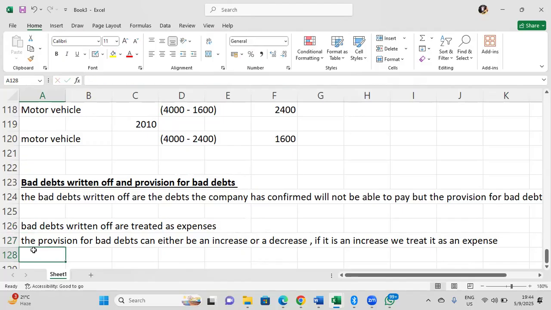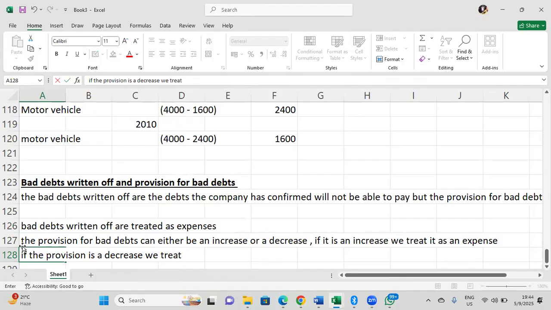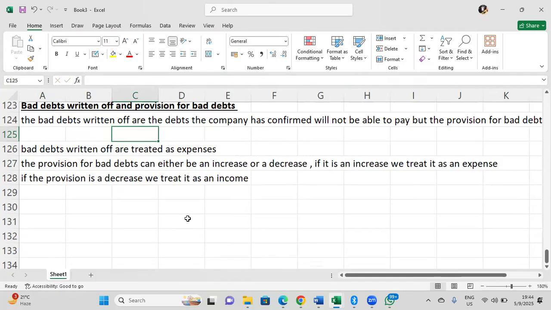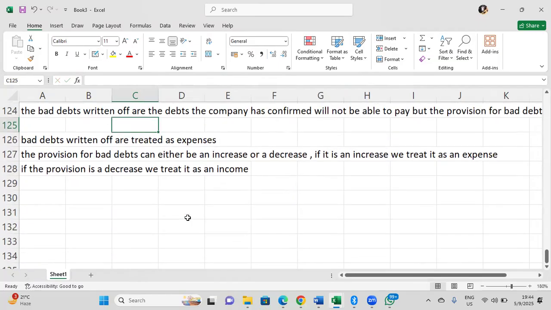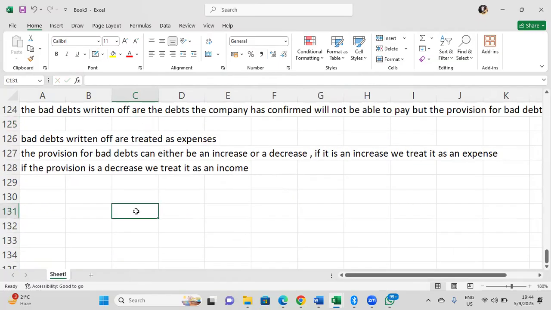What if it's a decrease? If the provision is a decrease, we treat it as an income. If it's an increase, we treat it as an expense. If it is a decrease, we treat it as an income.